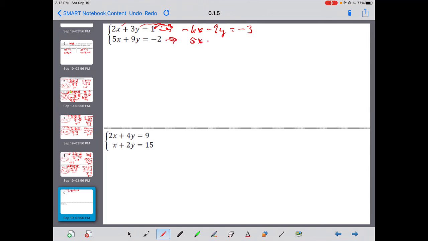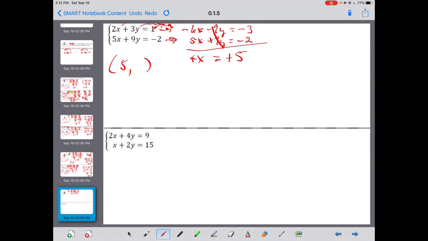We can just pull this one over. 5x plus 9y equals negative 2. We're going to add down. Negative 6 and positive 5 is negative x. That goes to 0 equals negative 5. And then all we have to do is multiply by a negative, divide by a negative, whatever it is. We needed x to be positive. It means we change everybody's signs. X is 5.